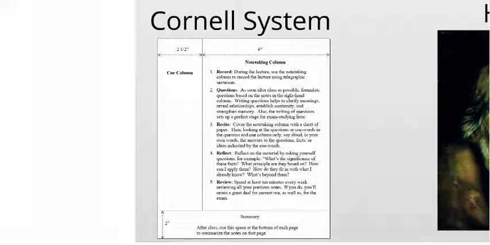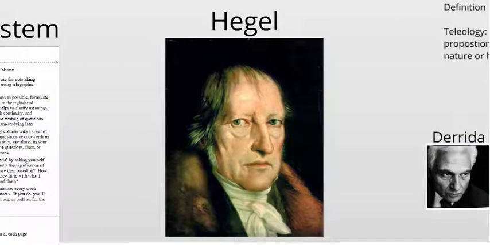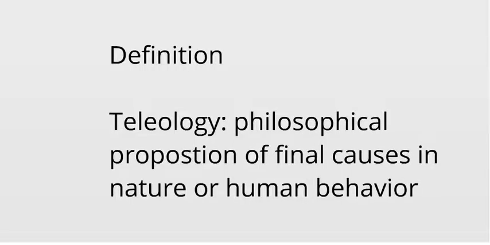Okay, for our lesson, take notes. This is Hegel. He's German. And he pioneered a way of thinking through a problem called the dialectic. This method later influenced Karl Marx. The thing about the dialectic is that it results in teleology, or the philosophical proposition of final causes in nature or human behavior.